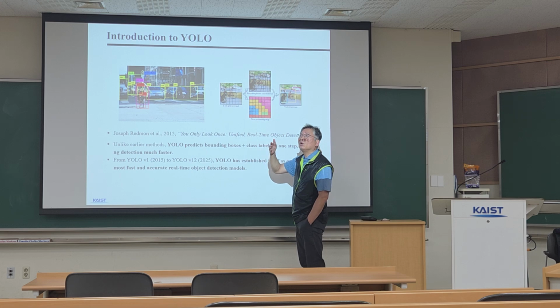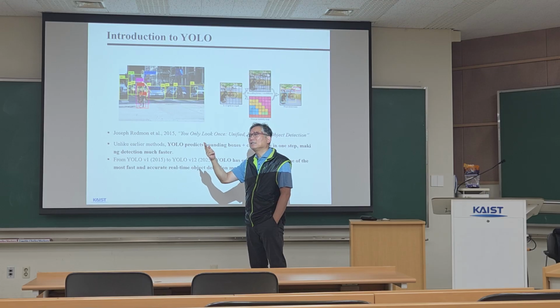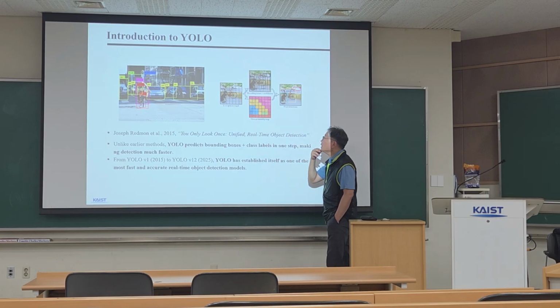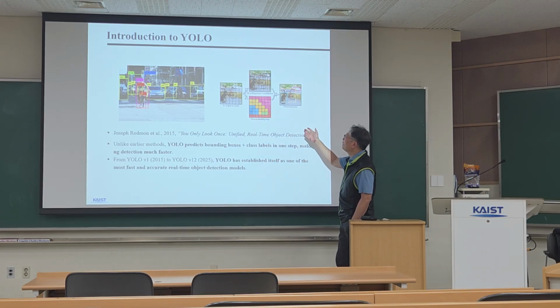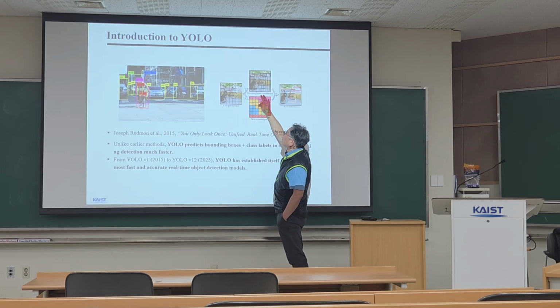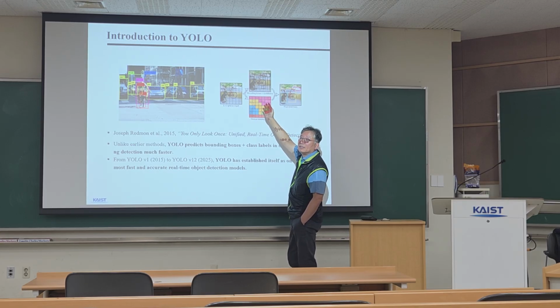Actually, YOLO can find 20 classes. Now you look at this, and there are many possible boxes for the dog and for the bicycle. Many.